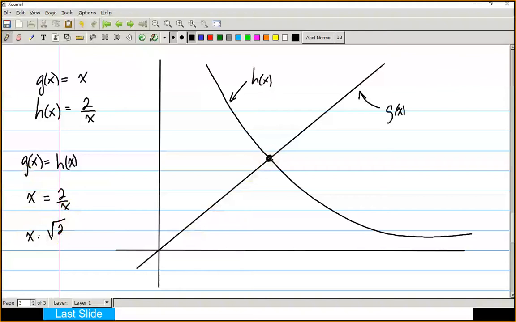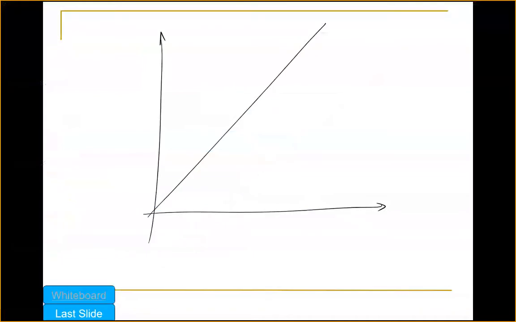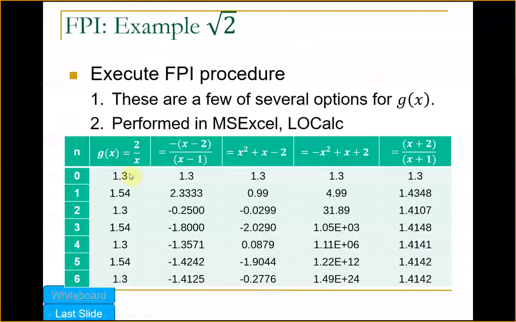Alright. The fixed point is usually one of the more challenging things to grasp, so you're going to bear with me as we go through this. Alright? Let's go back to the... So what this shows you is that you could have several functions for which you're trying to find the fixed point.